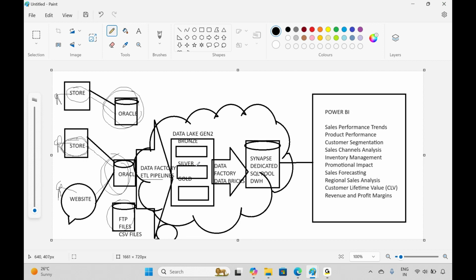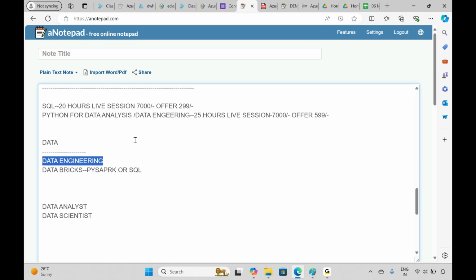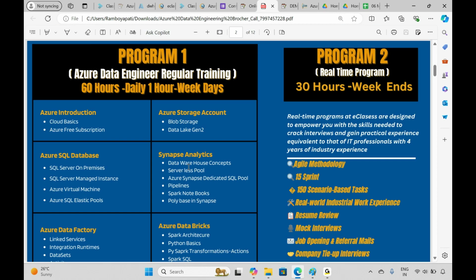What are the storage services available inside the Microsoft Azure cloud environment? To store the data, we are going to use storage services. Let me show you in the course content. We are going to store the data either in blob storage or in Data Lake Gen 2. These two we use for storing data in terms of files.